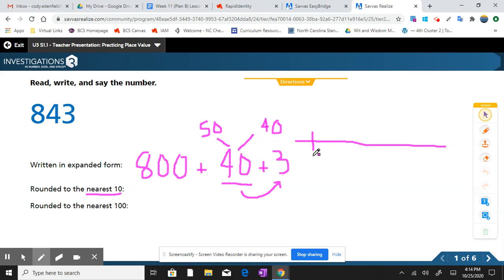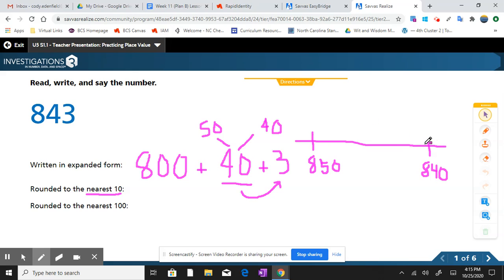So I'm going to draw a number line. So 850 would be the highest 10, sorry, 850. And 840 would be the lower 10, because when I'm skip counting by tens, I would go 800, 810, 820, 830, 840, 850.